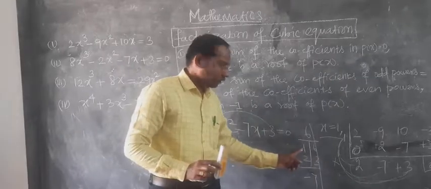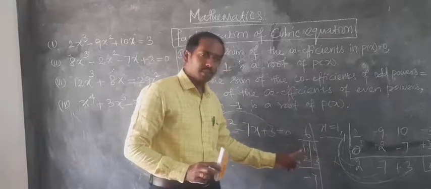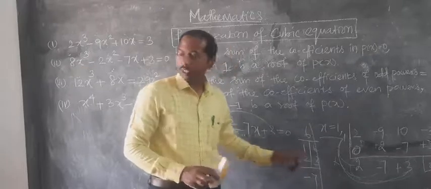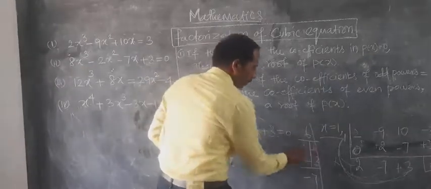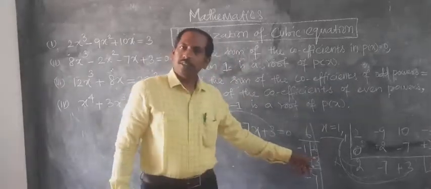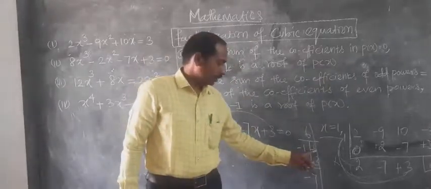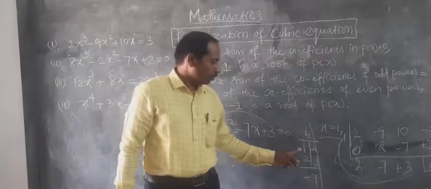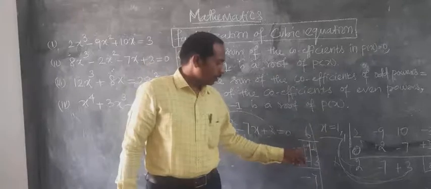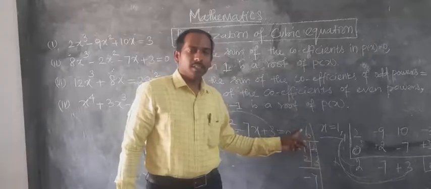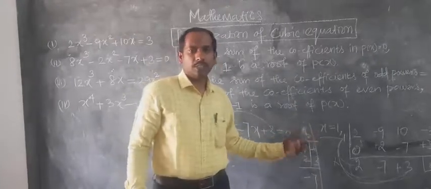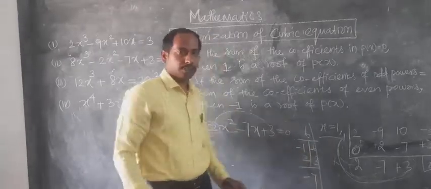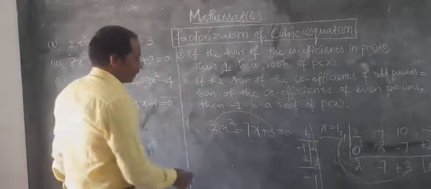Here the sign is minus 7, so put minus 1, minus 6. Sign same, so you can add 1 plus 6, 7. What is the present sign? Negative, you put it. And also you check the product: minus 1 into minus 6 is a positive 6. So the two conditions are satisfied. So you can substitute, then you get the factor.